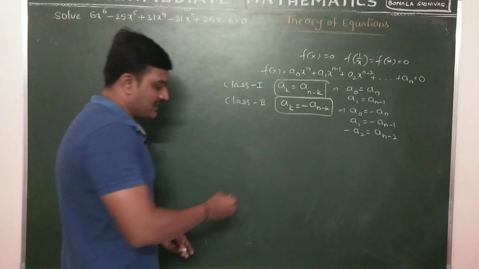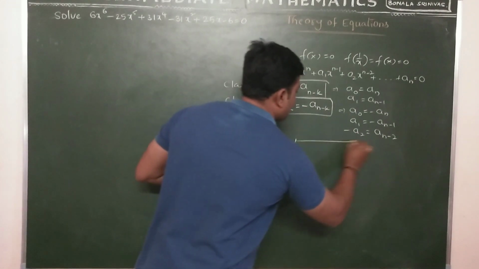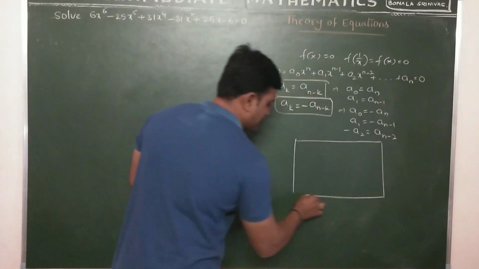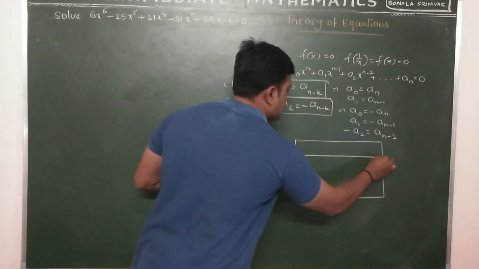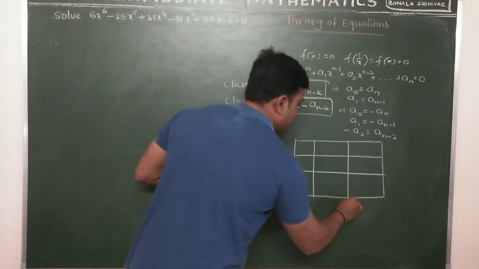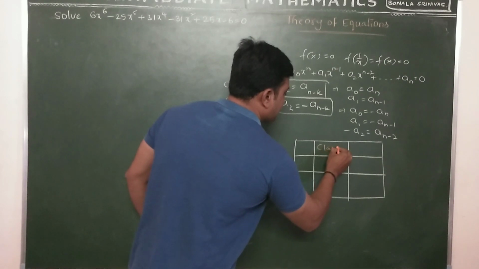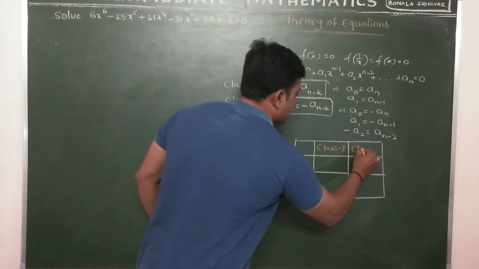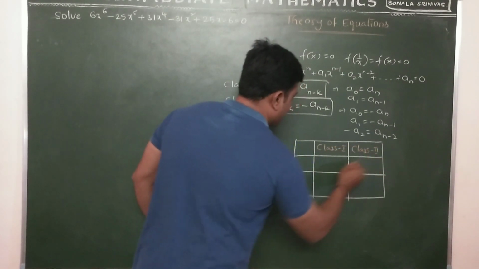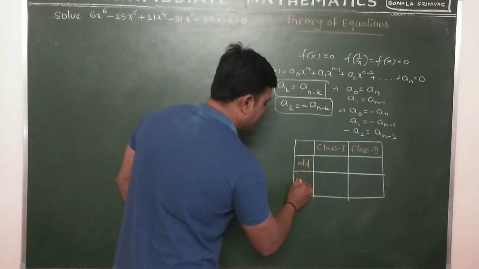Okay. Now we can write it in a table to substitute directly like this. Definitely you need this table, with class 1 and class 2, and odd and even.